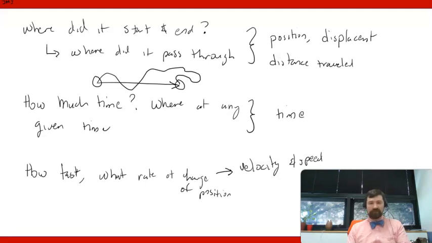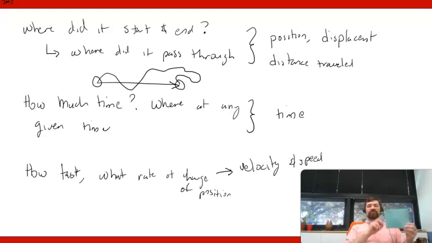Now, just because you have a rate change of position doesn't mean that that rate change is constant. For example, I could have the thing slowly moving like this and then suddenly jump across the last distance. My rate change has itself changed.